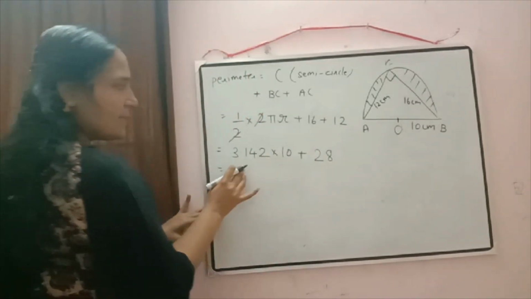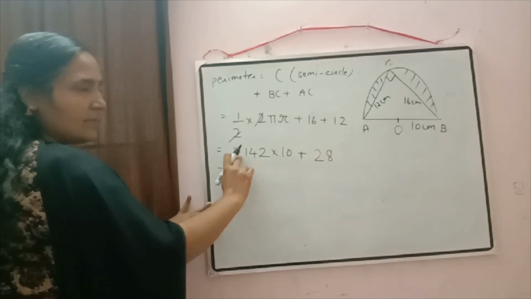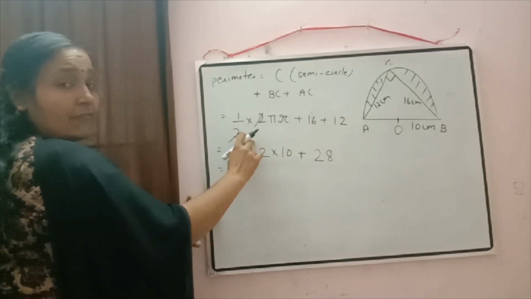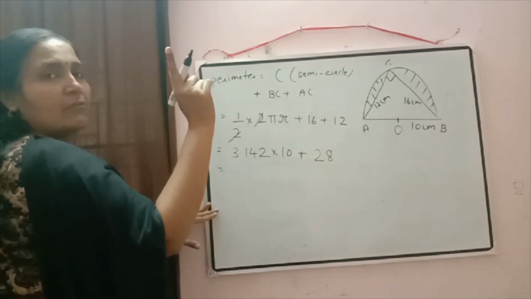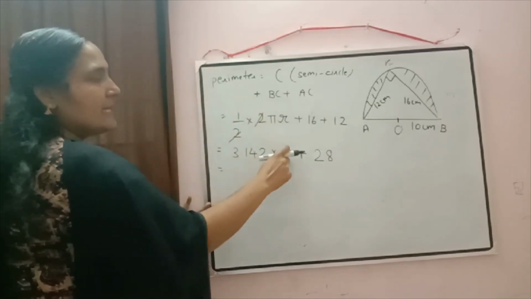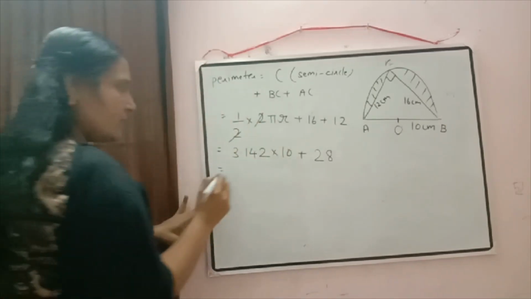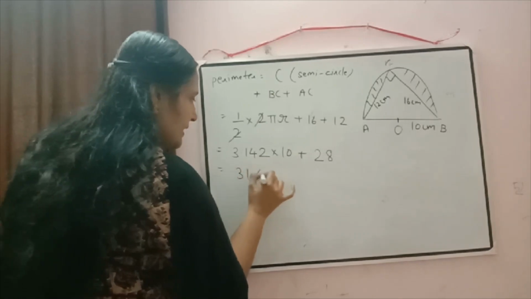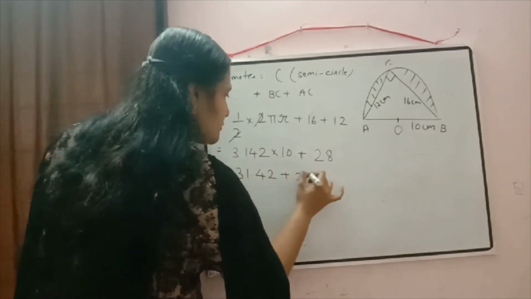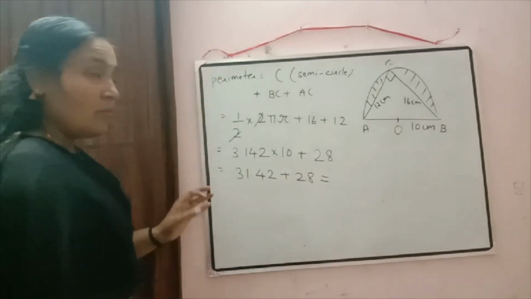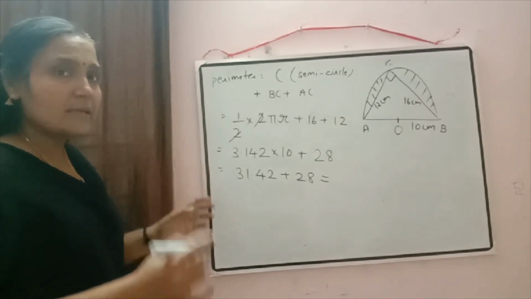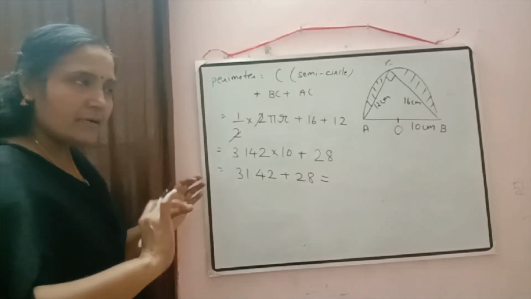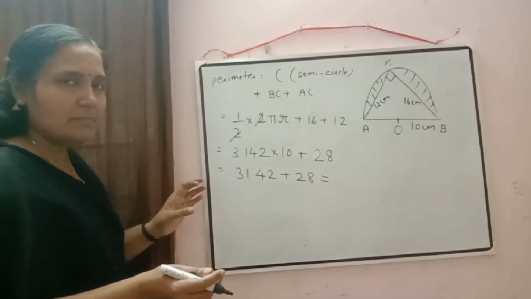Now when we multiply by 10, the decimal sign will move to the right by 1 digit, because in 10 we have only one 0. Then we will get 31.42 plus 28. Whenever you do addition or subtraction, the number of digits after the decimal should be the same.